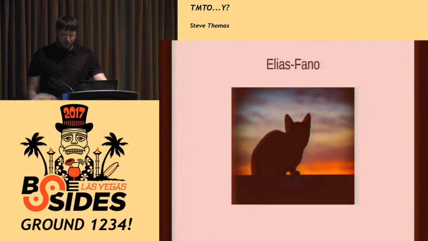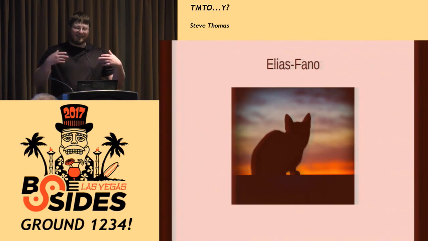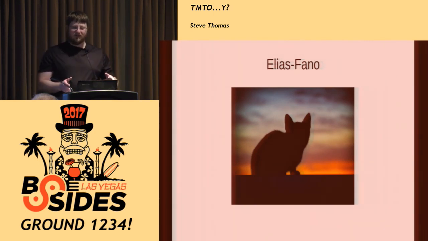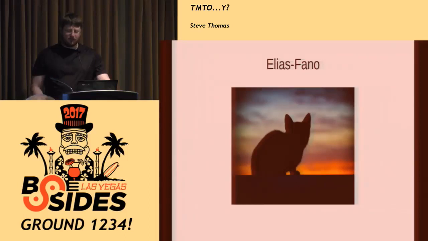Anyways, I had more technical slides, sorry. Then I was going through it and I was like, wow, this is really not useful. It would only be useful if you were going to be implementing this exactly. So I'm just going to go over what Elias Fano is.